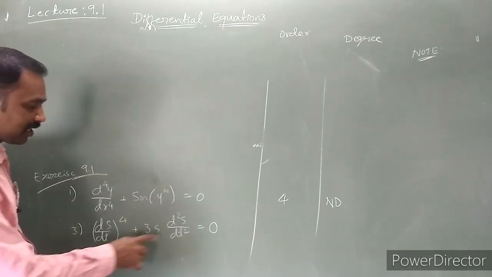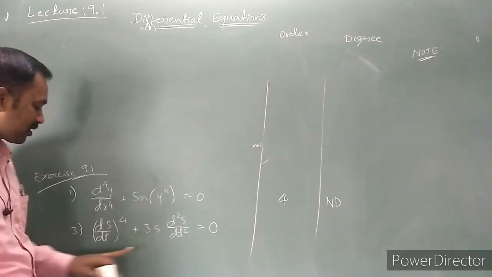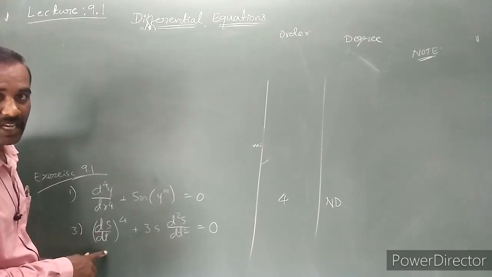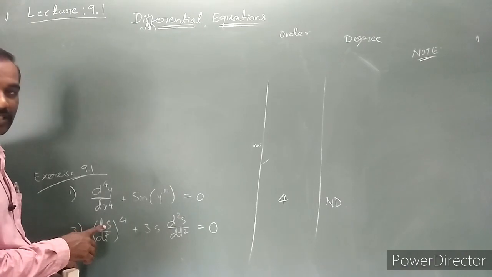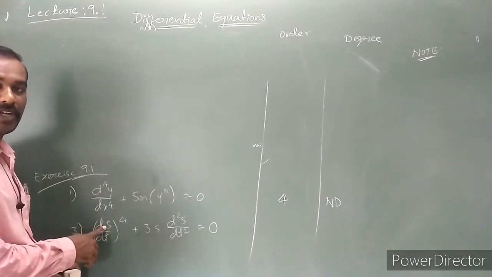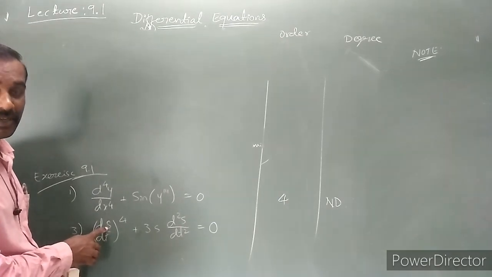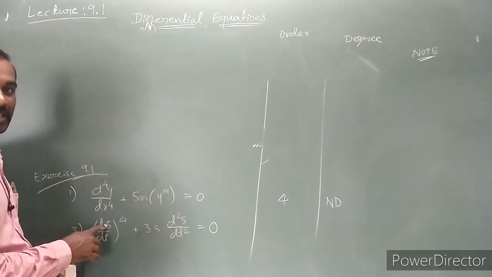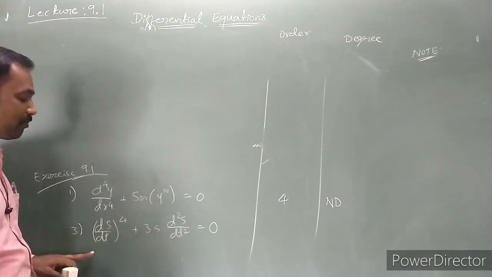Here ds by dt and d square s by dt square. What is s? Displacement, t is time. Displacement is the dependent variable and time is the independent variable.